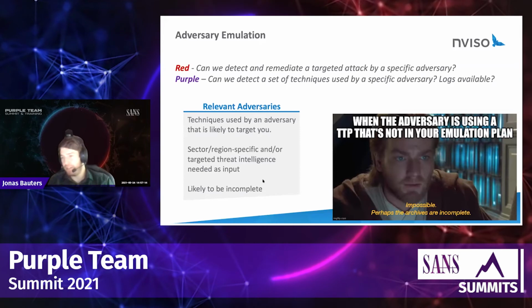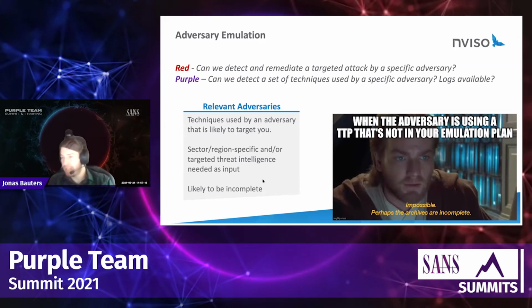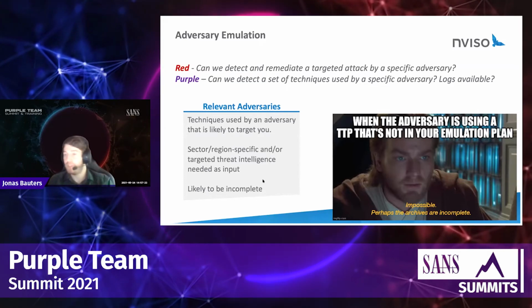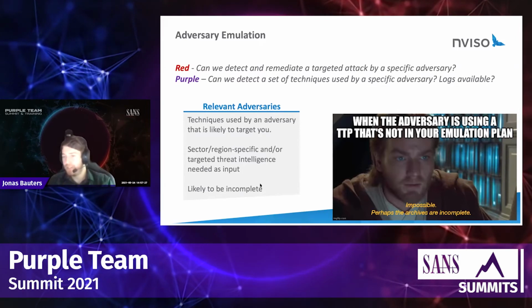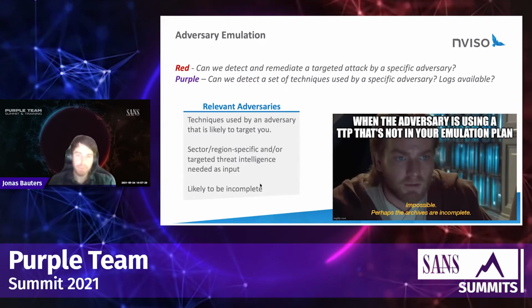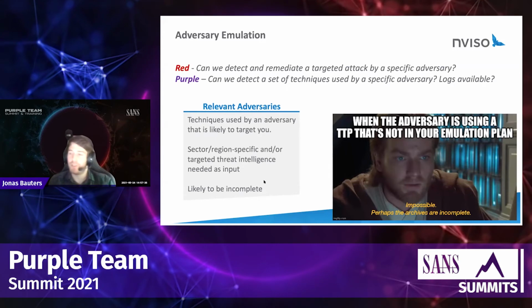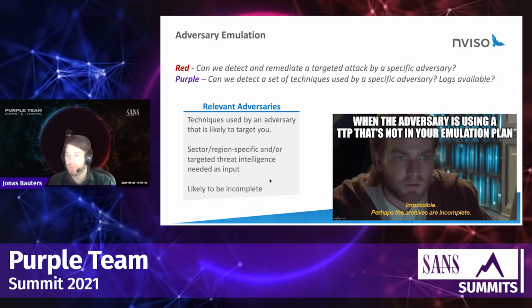If you have the luxury of having specific threat intel for you as a company, then that's perfect. If not, you can use region or sector specific threat intel. But in any case, it is likely to be incomplete, since adversaries as well, they evolve, they move on, and they could start using new techniques that are not part of previous threat reports.